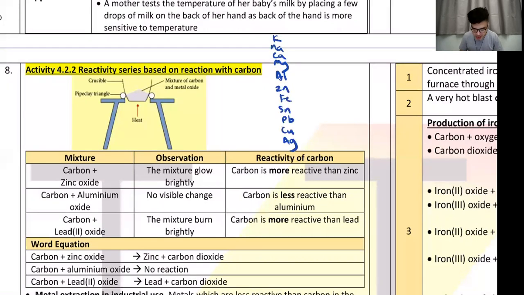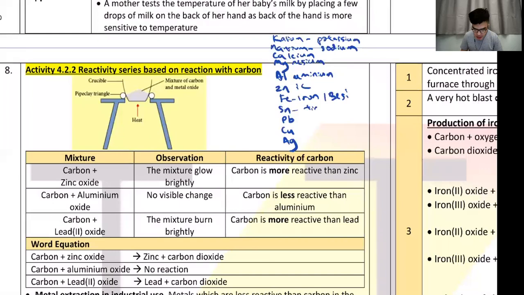So K is your kalium, which is potassium. Na is natrium, which is your sodium. Ca is calcium, Mg is magnesium, Al is aluminum. Zn is zinc, Fe is iron, which is besi.